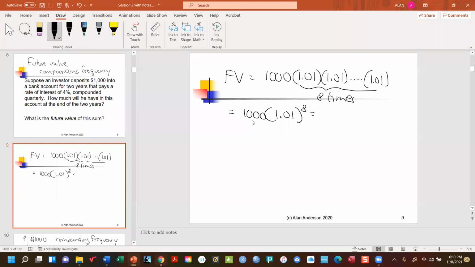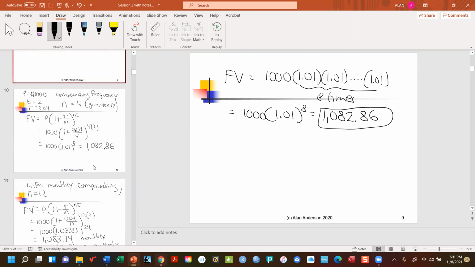So if you multiply that out, 1.01 raised to the 8th power times 1,000 is going to give you $1,082 and approximately 86 cents. Rounding it to dollars and cents, this is how much you'll have in 2 years.